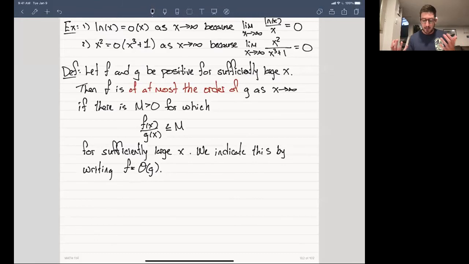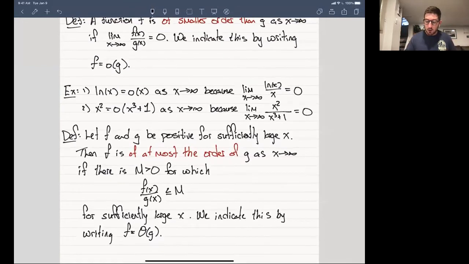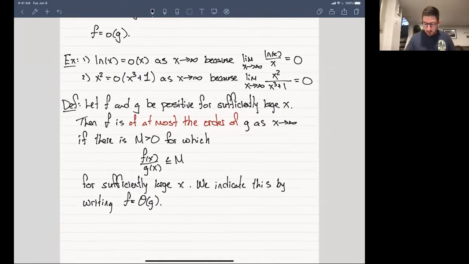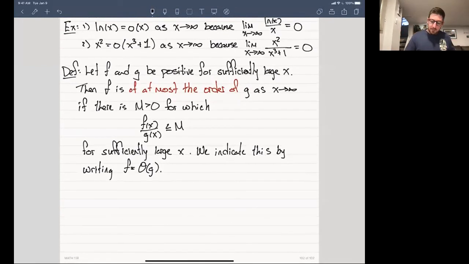It's the same idea as little o, except this one allows you to grow at the same rate. Remember, little o says that you grow at a strictly slower rate. F is slower than g. Big O encapsulates everything that little o has, but it also allows you to go up to the same rate as g. So let me give you some examples.